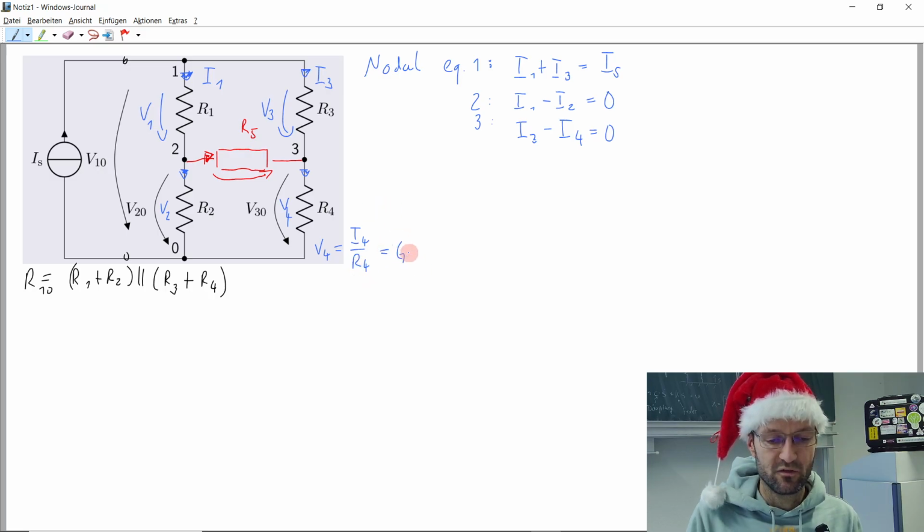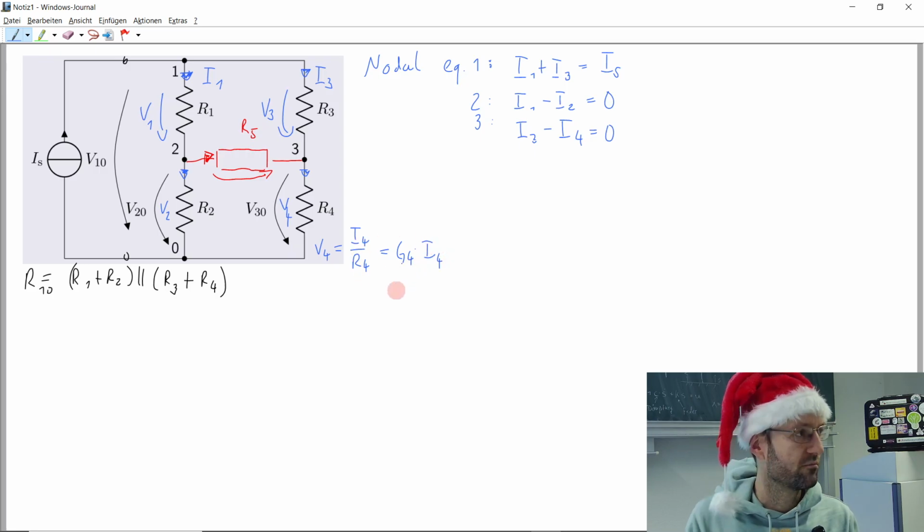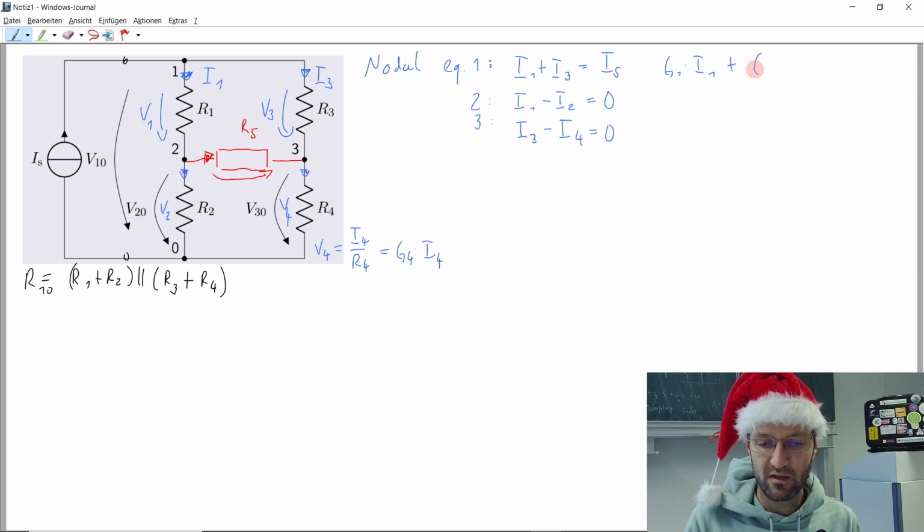But it's easier to write G4 times V4, because then I don't have to write 1 over R all the time. Okay, so this equation then will be G1 times V1 plus G3 times V3 still equals the source current.